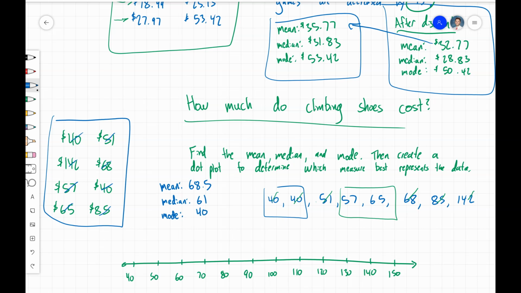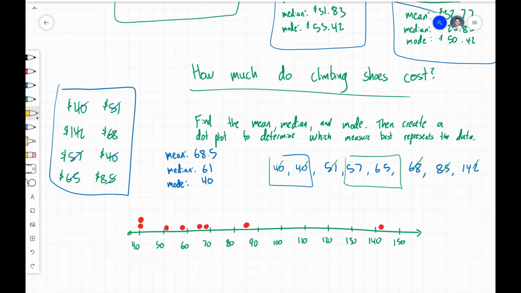So now let's go ahead and make our dot plot. So we've got 2 values at 40. So we'll put 2 there. We have one at 51, so that would be about over here. One at 57. One at 65. And one at 68. Then we have one at 85. And one at 142.